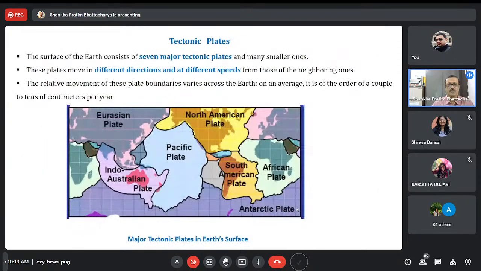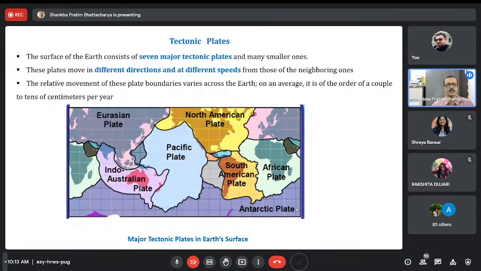Based on this, geologists found that the earth consists of seven major tectonic plates. These plates are the oceanic and the continental crust, which are not uniform or continuous. There is a plate boundary.